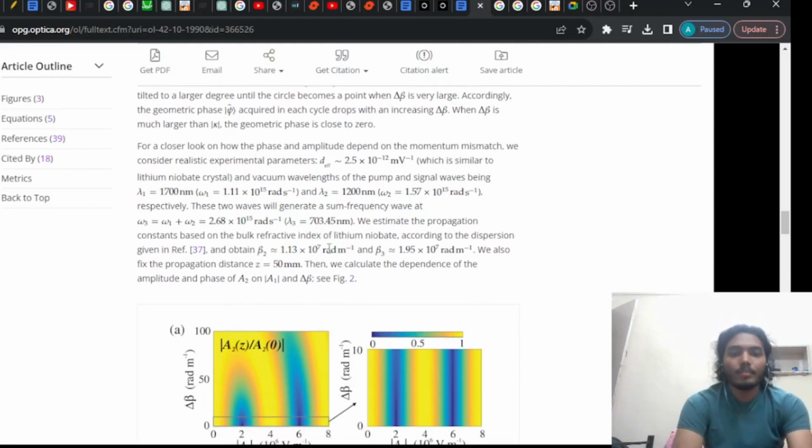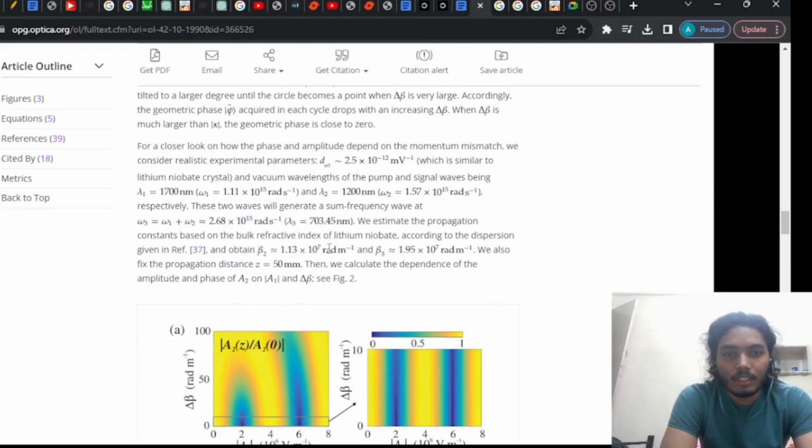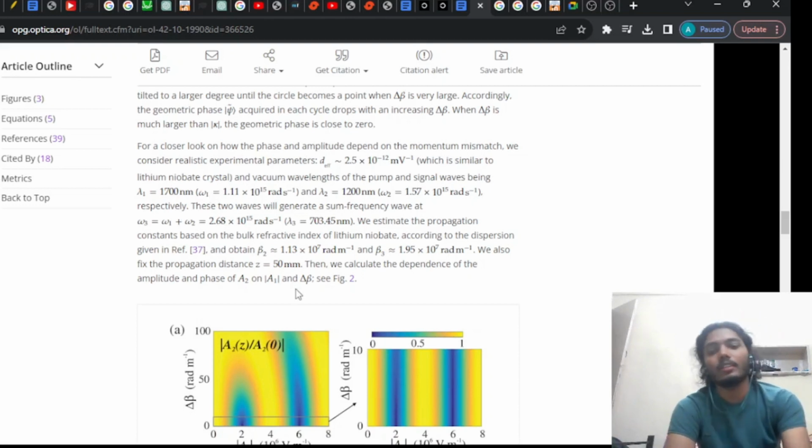And since every crystal has its dispersion relationship, we can get back the wave vector from the corresponding frequency. Dispersion relation is basically a function which correlates frequency and wave vector.